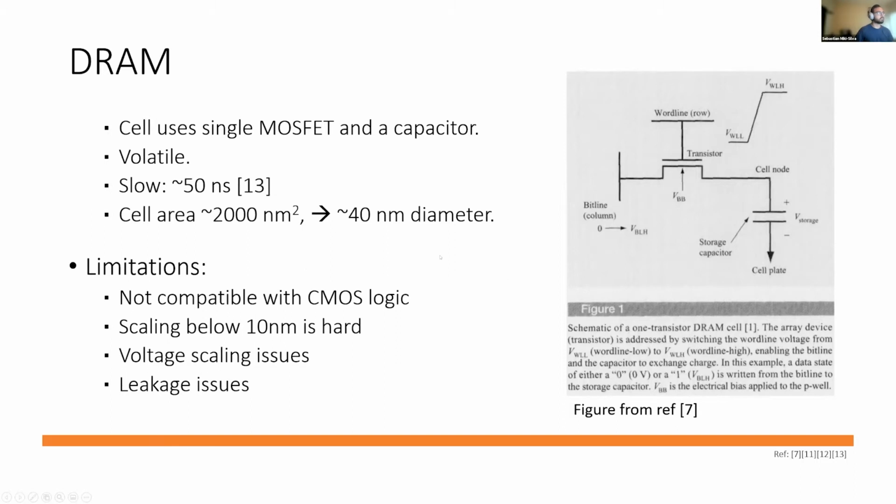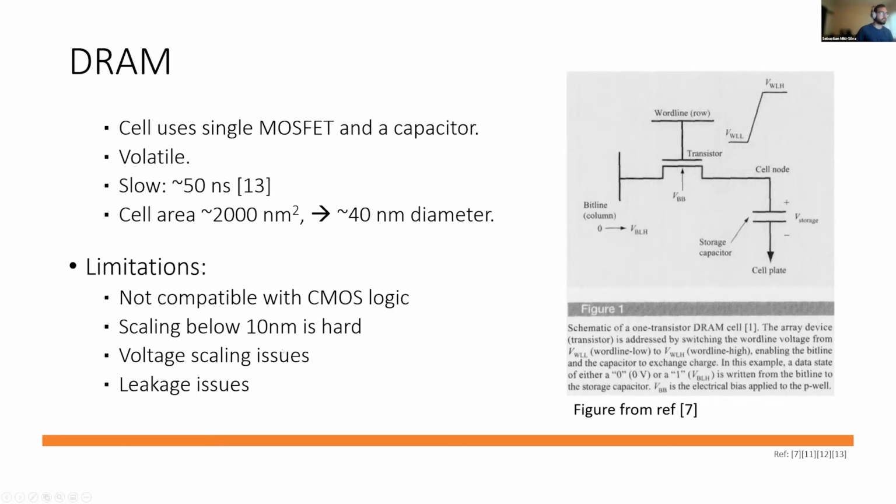Some of the limitations for DRAM in terms of scalability is that it's not compatible with CMOS logic, which is something I found that was sort of desirable for implementing, but I'm not really sure about that. And then it's been sort of hard to scale it below 10 nanometers. It's related to some issues with lithography.